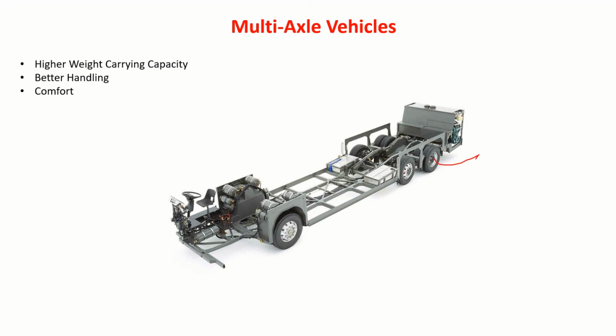Multi-axle vehicles are normally used for higher weight carrying capacity. Handling of the vehicle is much better with multi-axle, and so also the comfort in this vehicle will be much better compared to two-axle trucks.